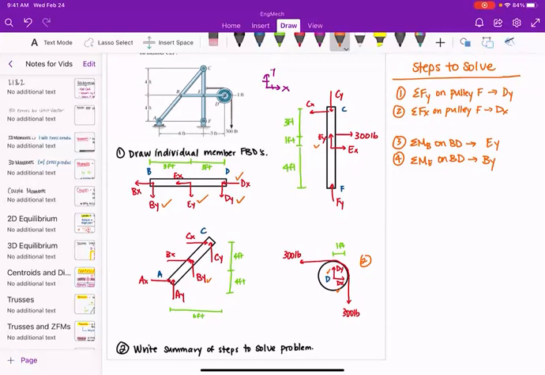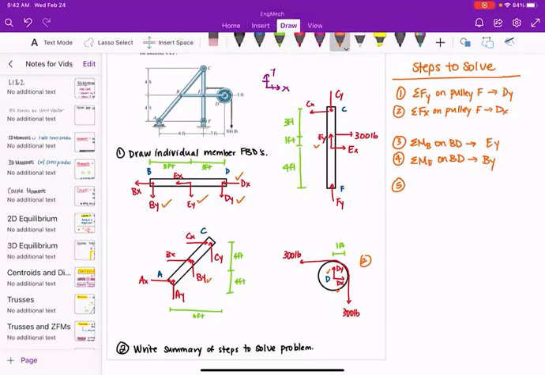So then it becomes a game of what else can I do? If I do, on CF here, the sum of the moments about C, what I can get is EX, right? Because CY and CX will cancel, EY will cancel, FY will cancel, so I'm left with EX and a number.